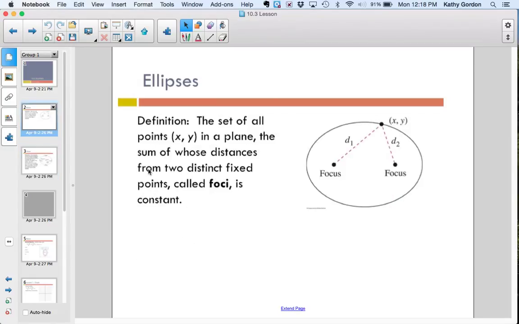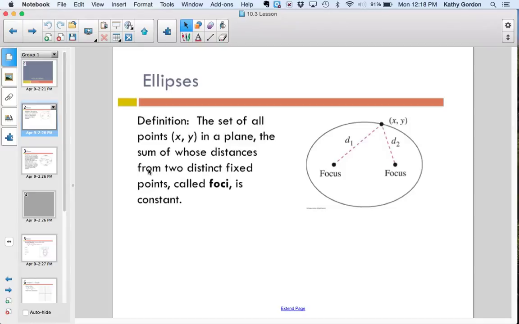So the definition of an ellipse says it is the set of all points x, y in a plane, the sum of whose distances from two distinct fixed points called foci is constant.